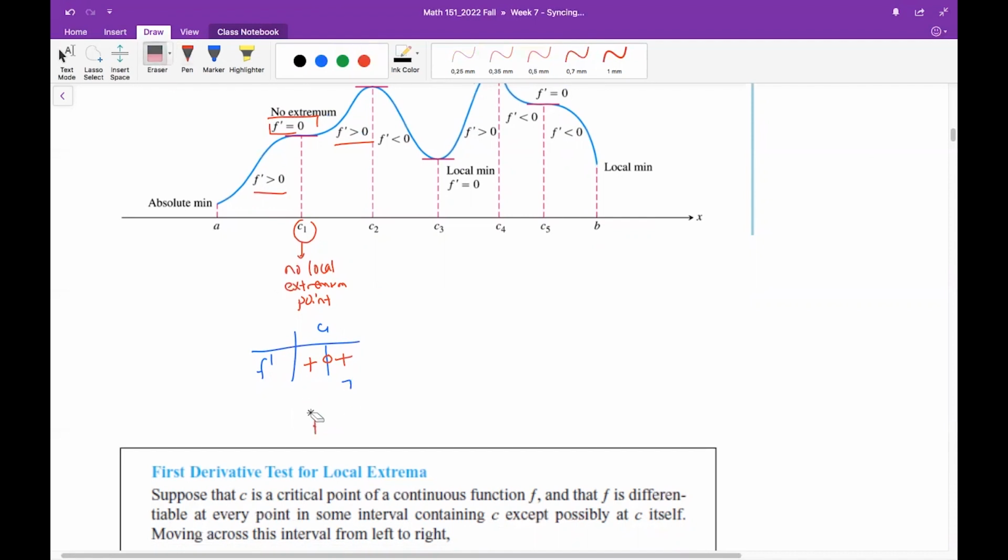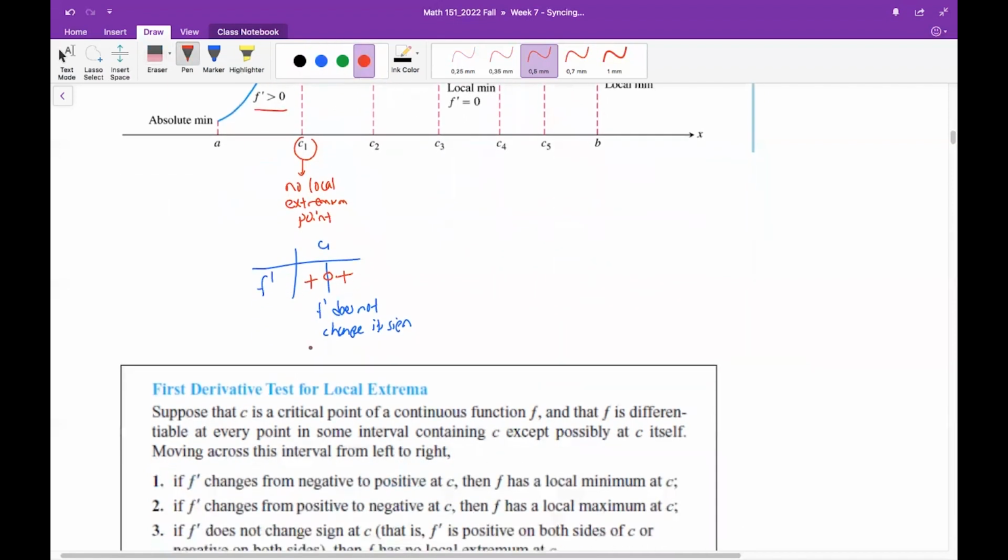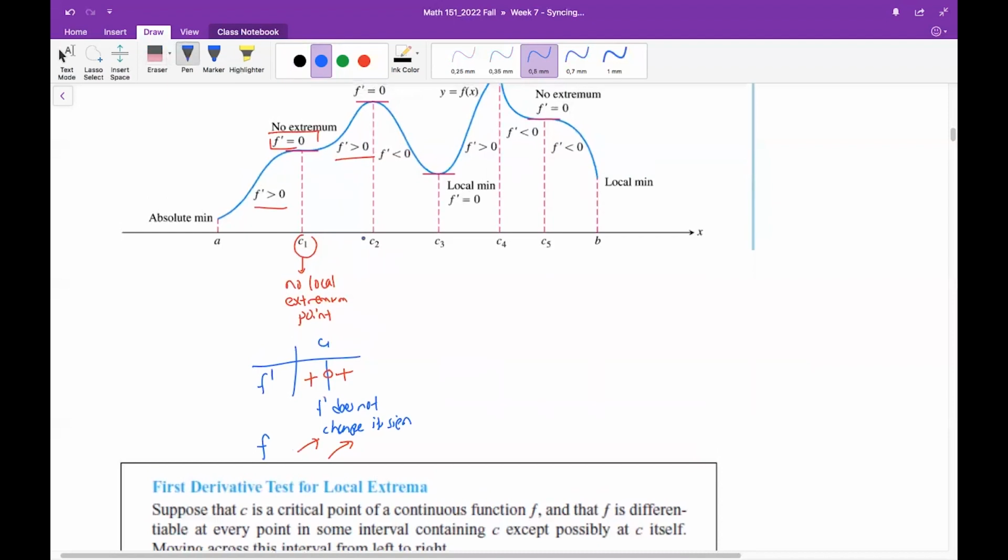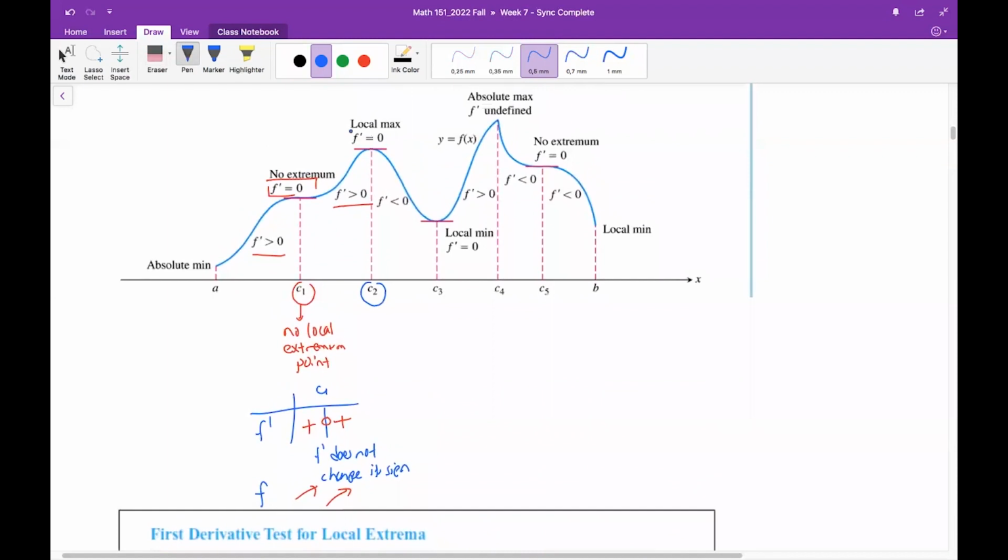Okay, let me write first. First derivative does not change sign. If the first derivative is positive, meaning that your function keeps increasing and increasing there. And let's look at C2 point now. At this point, we have horizontal tangent, meaning that you have first derivative 0. Before C2, your function is increasing. After C2, your function is decreasing, right?